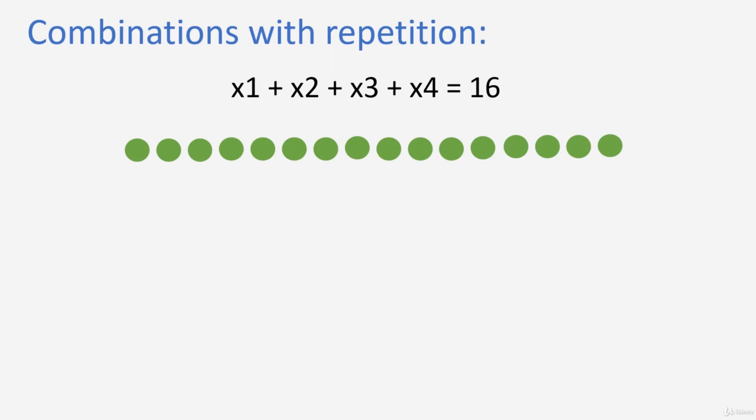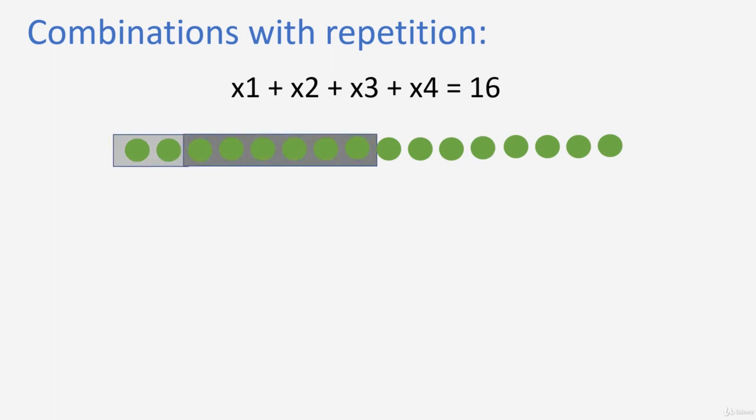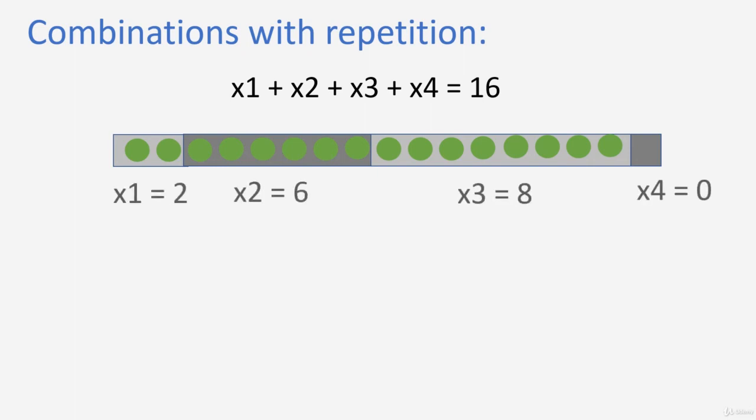That is actually what we are doing. Let's say that 2 goes into first one, 6 goes into second one, 8 goes into third one, and none goes into last one. And now imagine that instead of boxes, there are x variables. So first box is x1, second is x2, and so on. And if you compute that, you will see that it is actually 16.